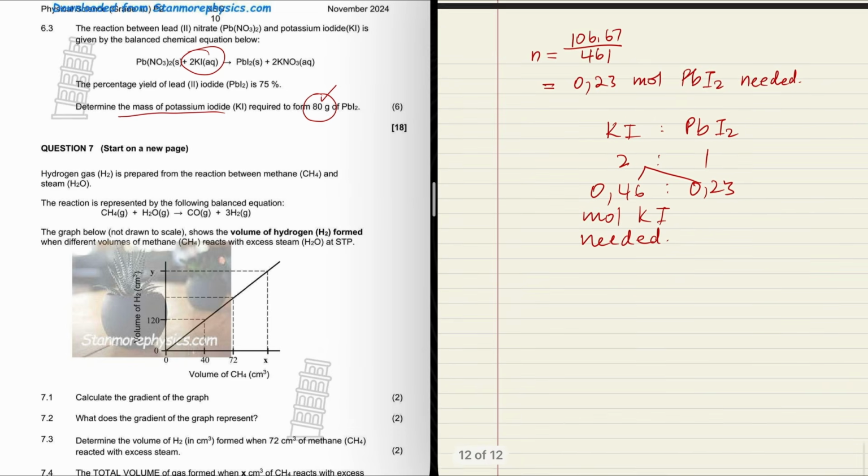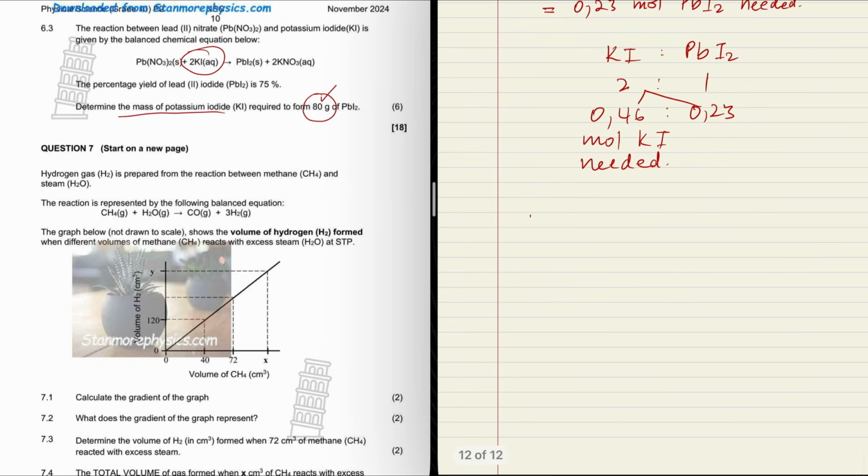Now from here we can then calculate the mass. So we'll say that the mass is going to equal the number of moles times the molar mass. So 0,46 multiplied by the molar mass of KI, which is 166, and that's going to equal 76,36 grams of KI.